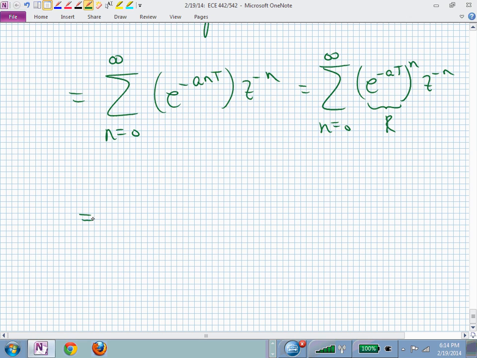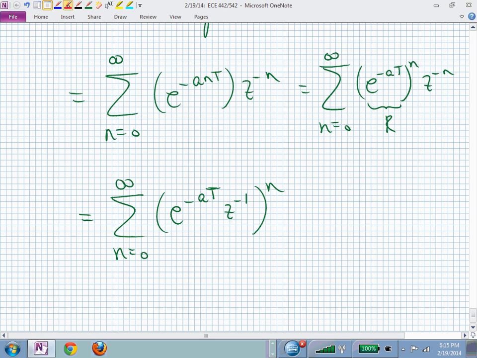And now that we've done that, both of those are raised to the power n. If we realize that we have a z to the minus 1 raised to the n, we can combine all of those, and we now have this sum from n equals 0 to infinity of e to the minus aT z to the minus 1 raised to the n.